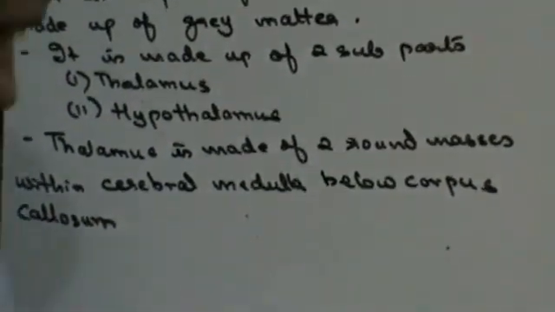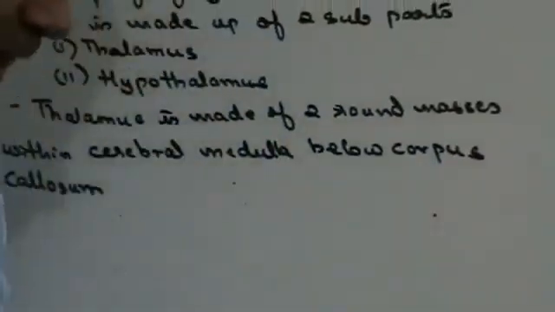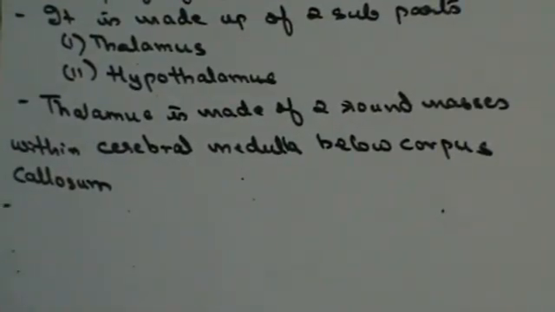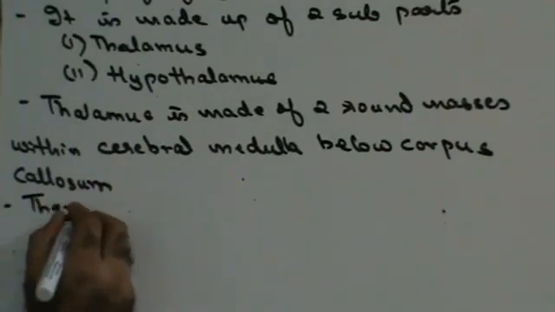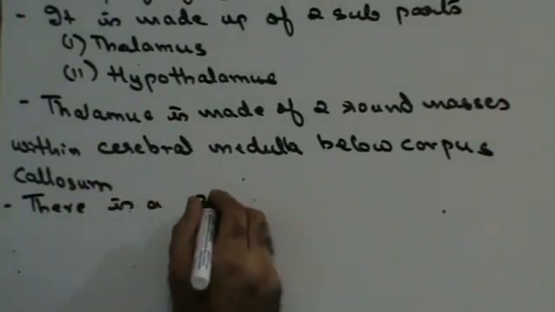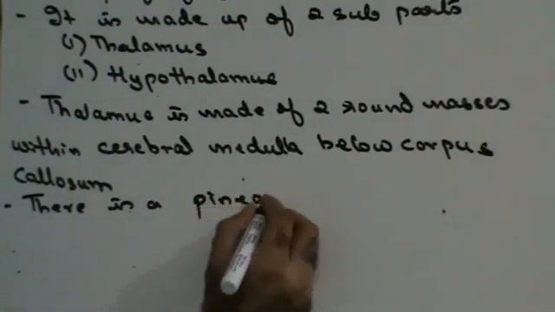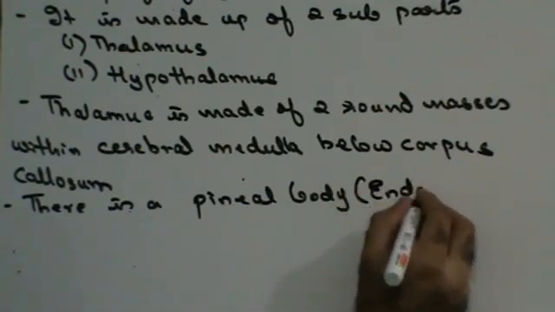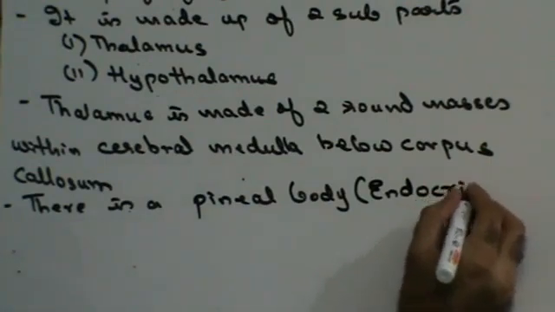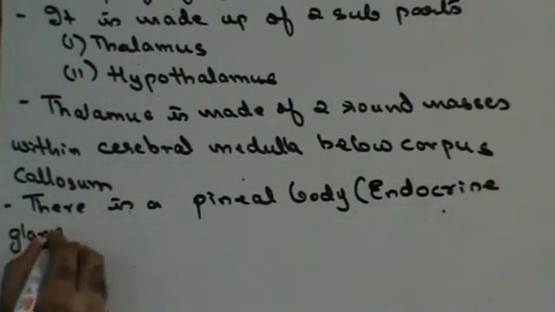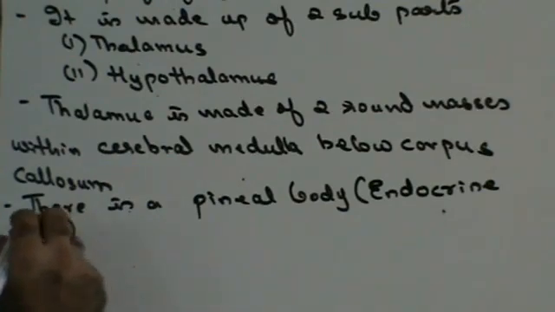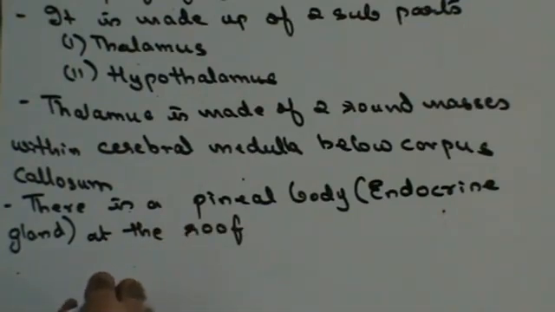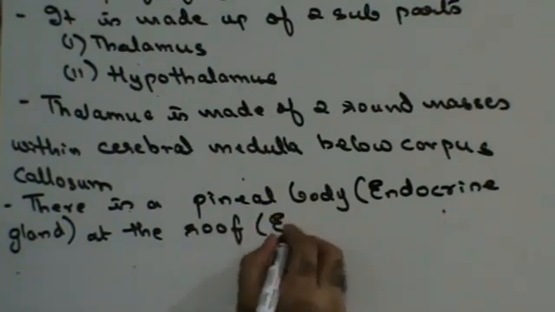Now, there is an endocrine gland at the roof of the thalamus. The roof is called the epithalamus.